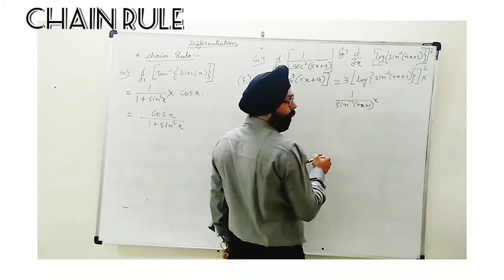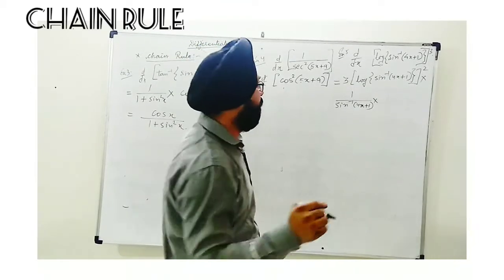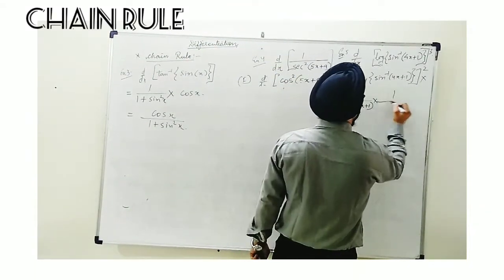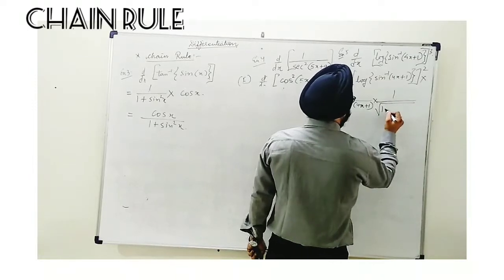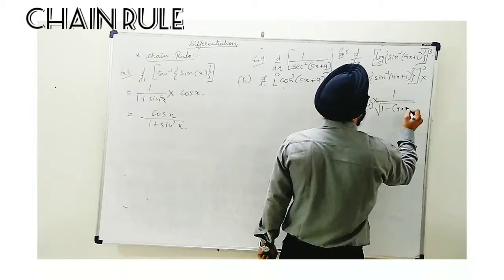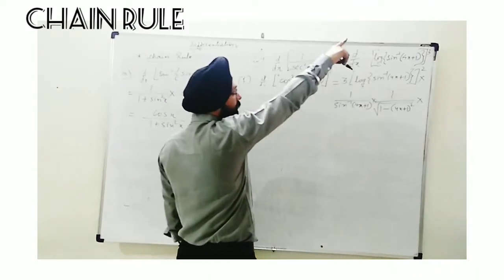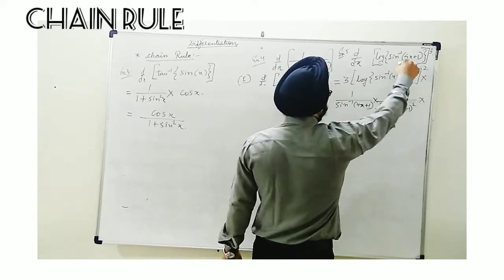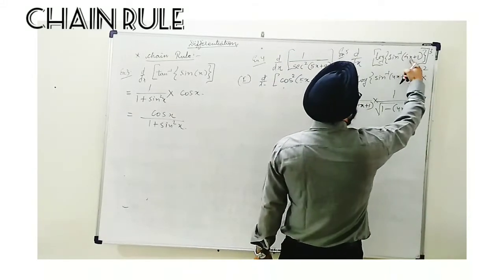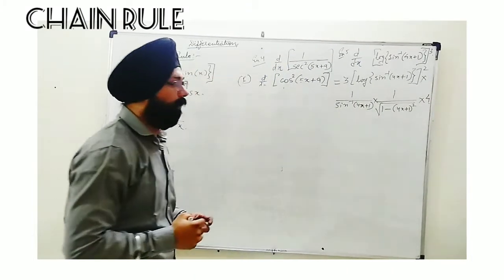So d by dx of sine inverse x is 1 upon root 1 minus x square. So this will become 1 upon root 1 minus, what is given in place of x? 4x plus 1. So this will become 4x plus 1 whole square into, now 4x plus 1 also can be differentiated. 4x plus 1 when differentiated we get 4 and 1 becomes 0, finally 4.